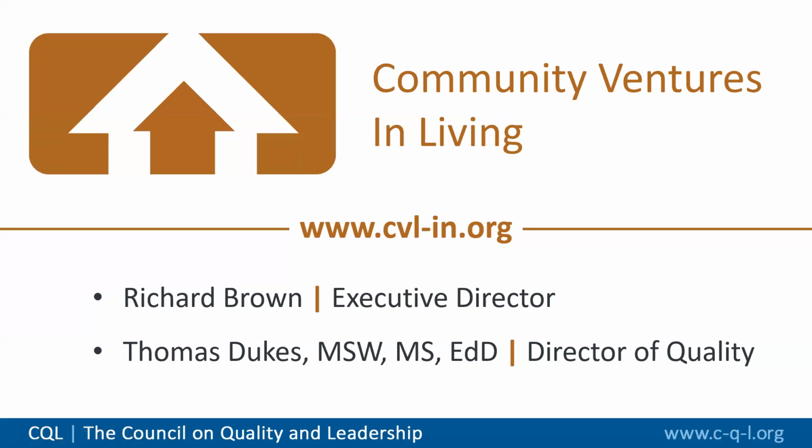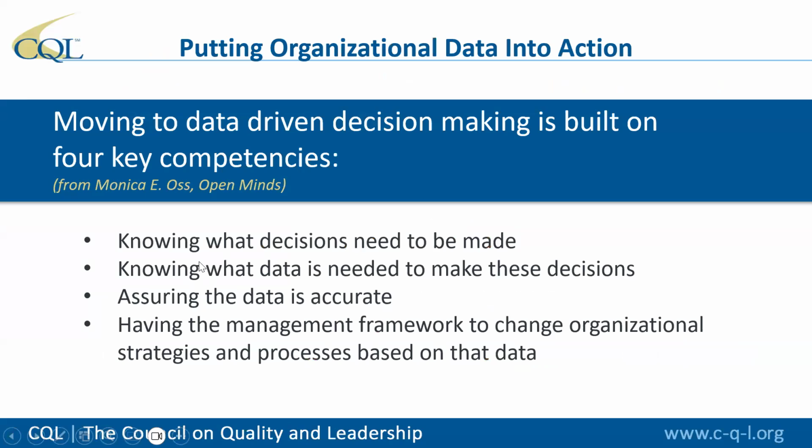So I will get us started. What we want to do is start with talking about some key competencies when it comes to moving your organization to one that really thrives on data and uses data to drive your decision making.